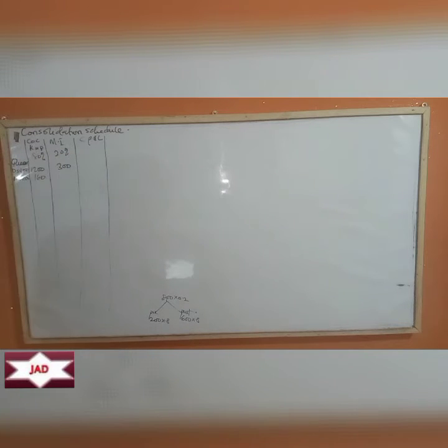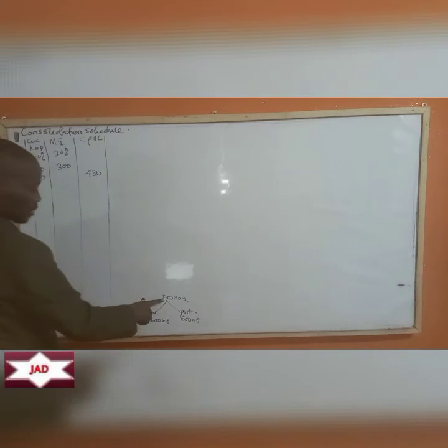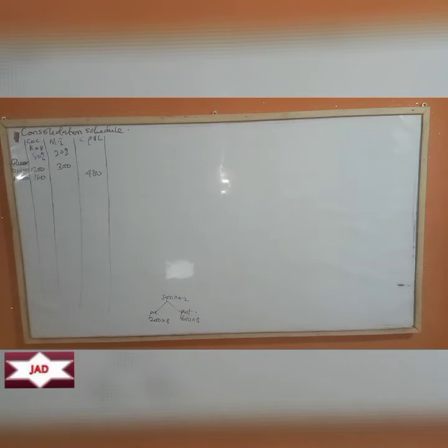Then what do you have here? 600 times 0.8, 480. Then 800 times 0.2, that's 160. So when you add this, what do we have? 160 plus 160 plus 480, that's 800.